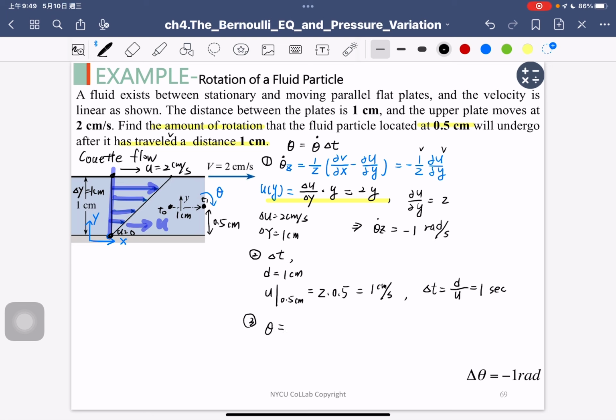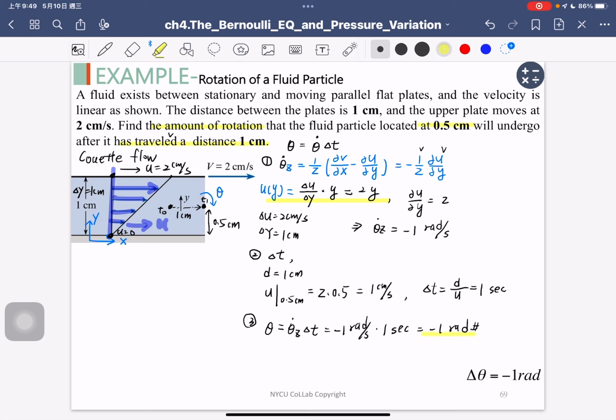The theta is equal to the theta rate along the z direction multiplied by delta t. Okay, so the theta rate is minus 1 radian per second, and we only travel 1 second. So the rotation angle is equal to minus 1 radian. Okay, so that's our final answer.